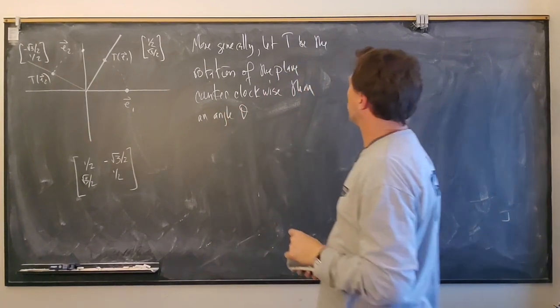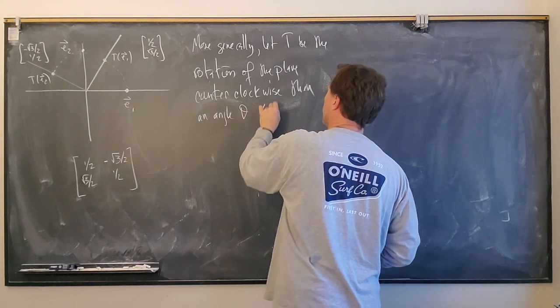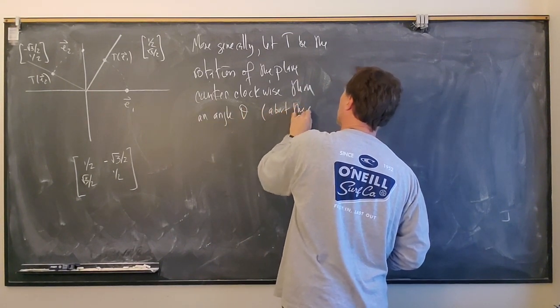So this is the rotation of the plane counterclockwise through an angle theta, and here, this is about the origin.